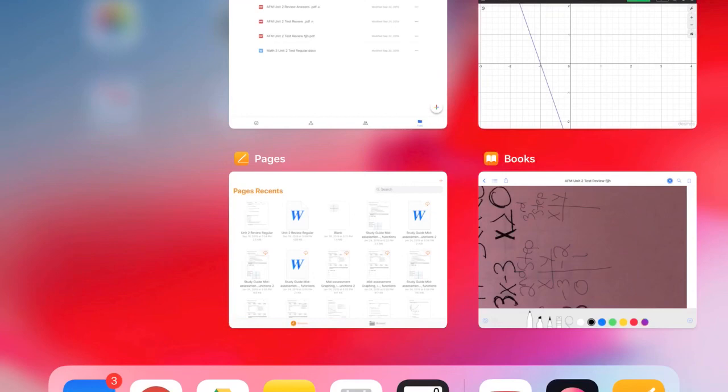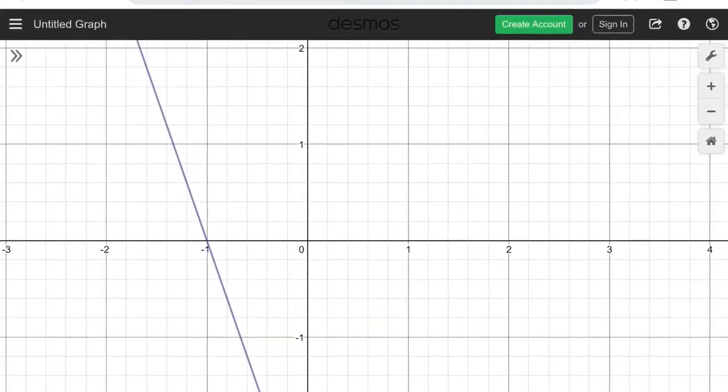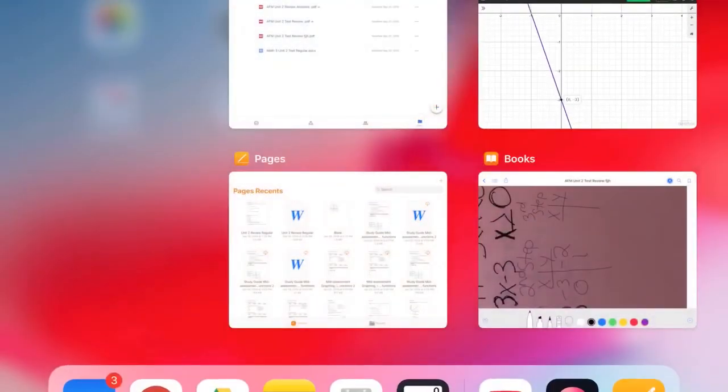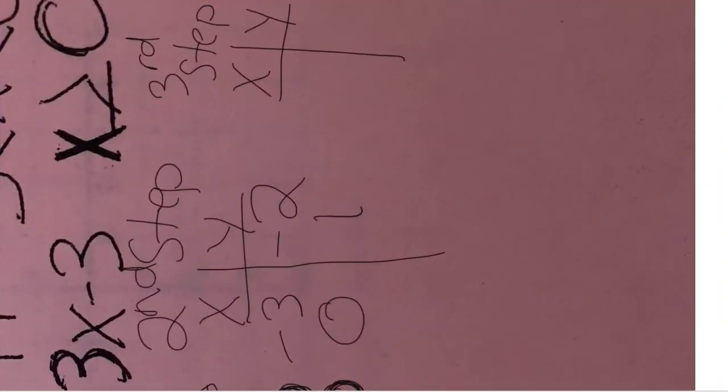We want 2 points. And we want where x is 0. Gotta go all the way down. Again, you can type it or click on the gray dot because that's giving you your y-intercept. So 0 is negative 3. So that's one of our points.